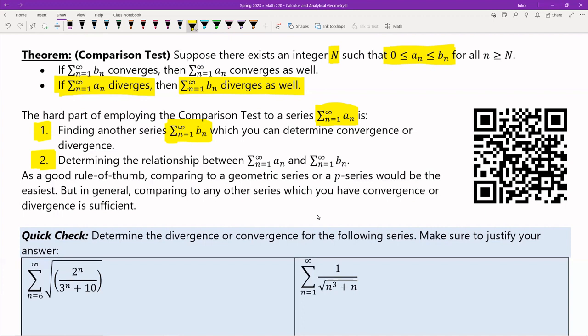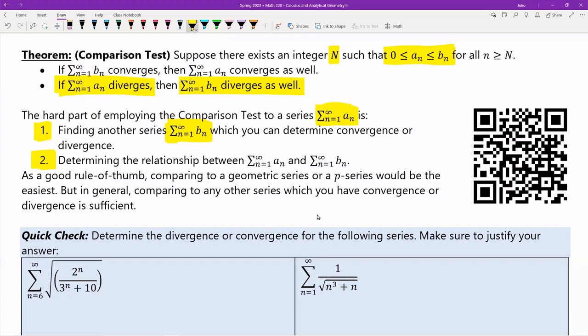Sometimes you might know the B sub n, but you can't entirely figure out the relationship between A sub n and B sub n. You can't determine which series is bigger or smaller. That's just tough.